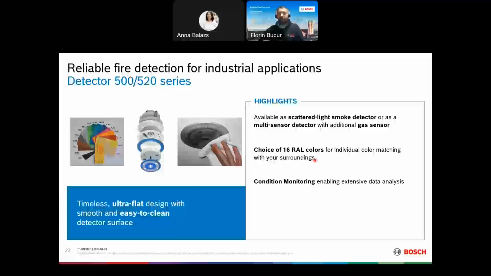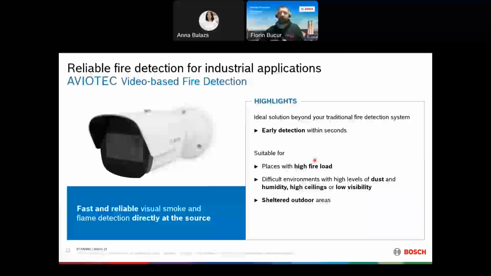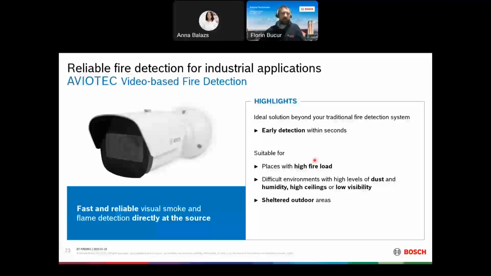So finally, from our product range, I want to talk a little bit about Aviotech, our video-based fire detection camera. It has some advantages towards traditional fire detection methods. First of all, we're talking about really fast detection speed.